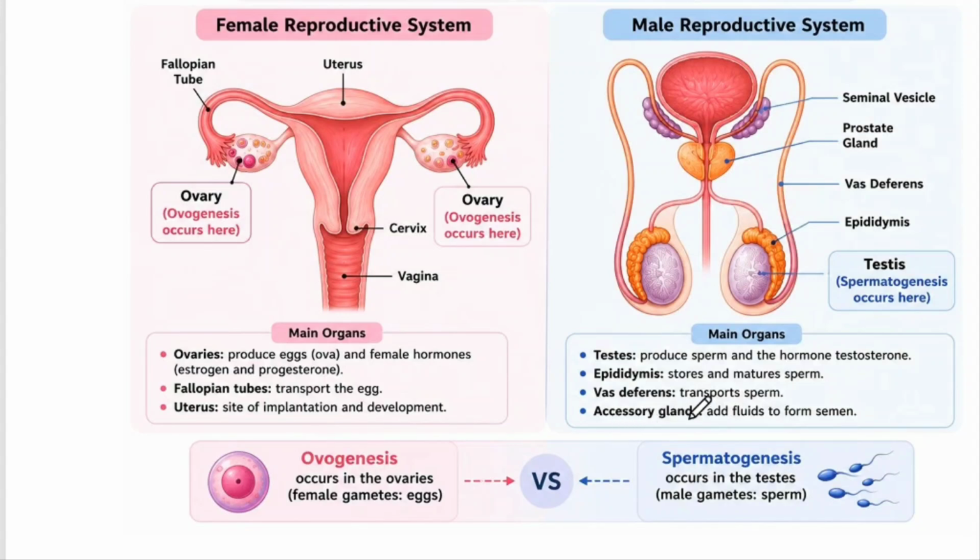Accessory glands, like the prostate, add fluid. For the female, the ovary produces the egg. The fallopian tube transports the egg. The uterus is the site of implantation and development.